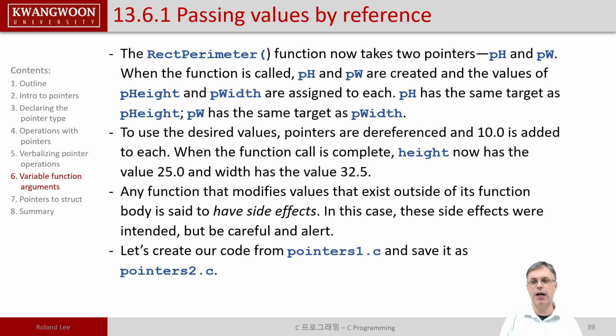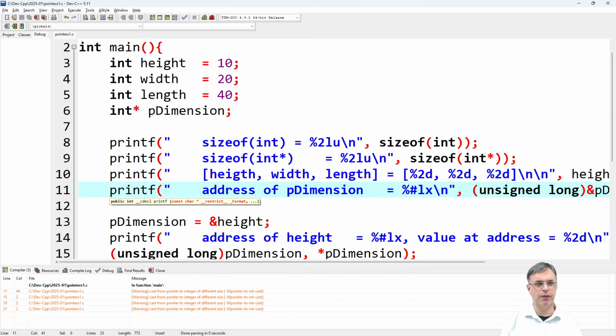Now let's return to our earlier program that we looked at recently that dealt with height, width, and length. Let's come here. This is it. As you examine it, you might think that the printing part of the program is quite messy, and there might be a way to create a cleaner solution. We can create a function that takes 2 pointer parameters but doesn't have any side effects.